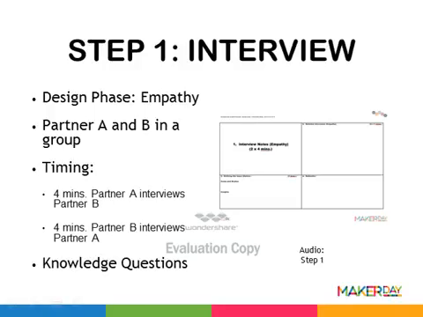So in this step, you're going to give them 4 minutes. Start with partner A interviewing partner B, and in that opportunity they need to find out what their first thoughts about the design challenge are.